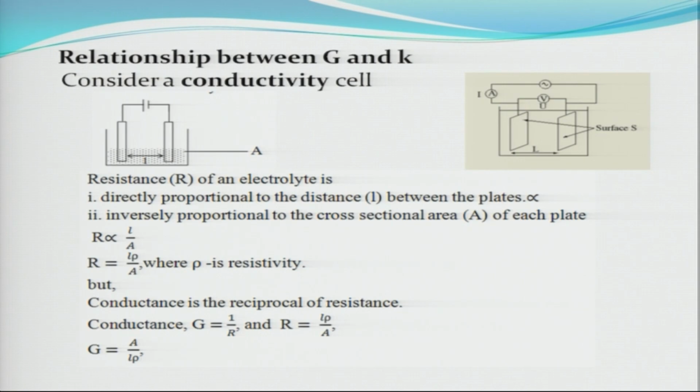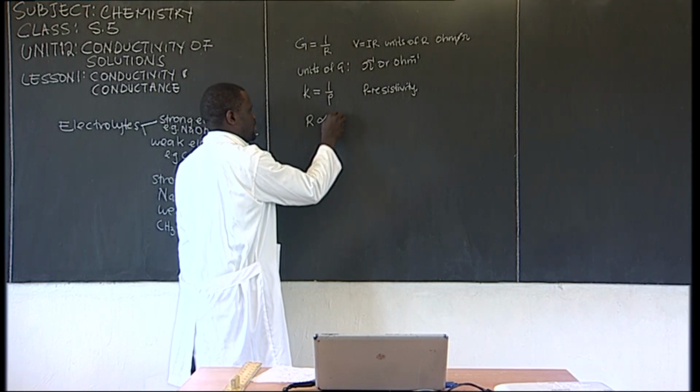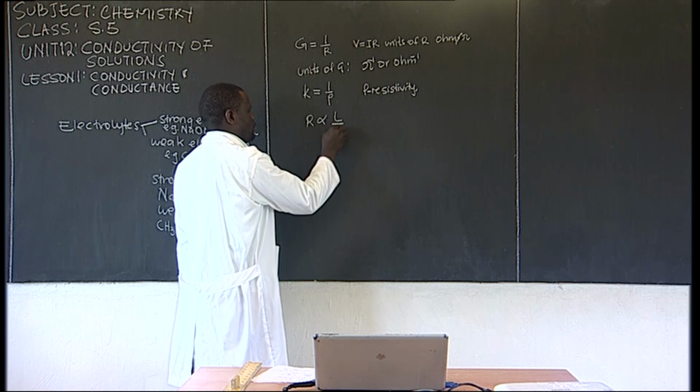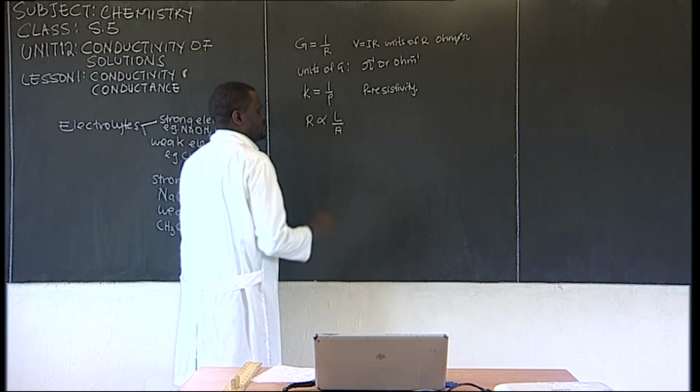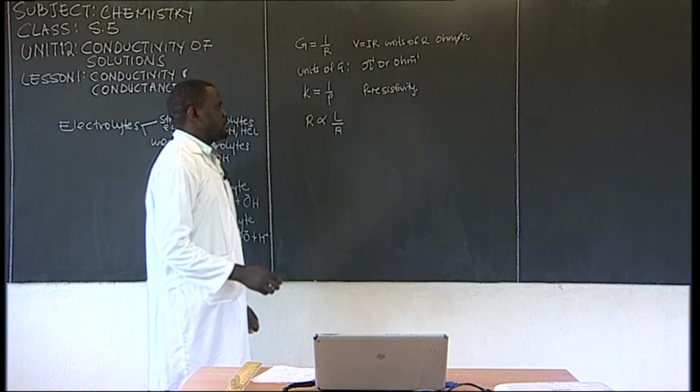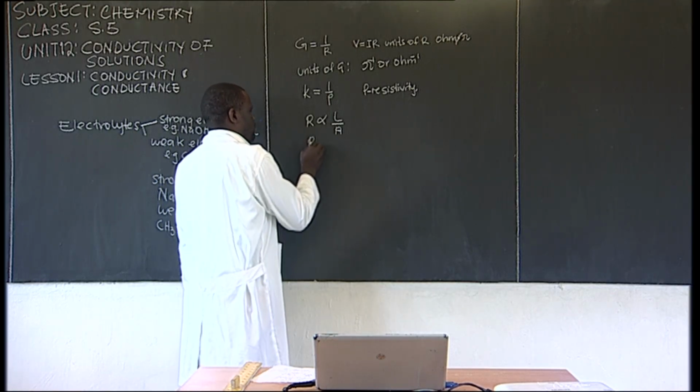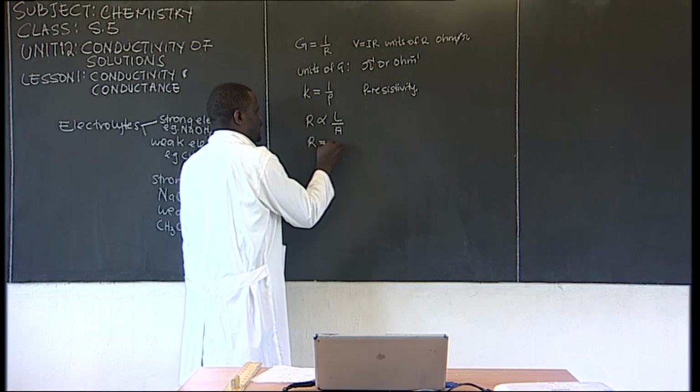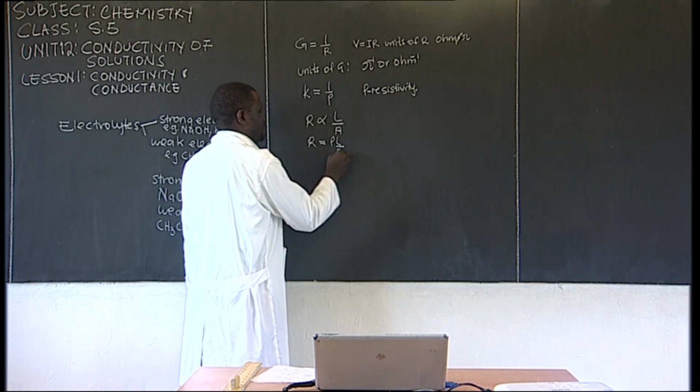If an electrolyte is placed between those two plates, the resistance of that electrolyte in the solution is directly proportional to the distance between the electrodes and inversely proportional to the cross-sectional area. So if we remove that proportionality, we are going to put the term resistivity again. So it has come again.